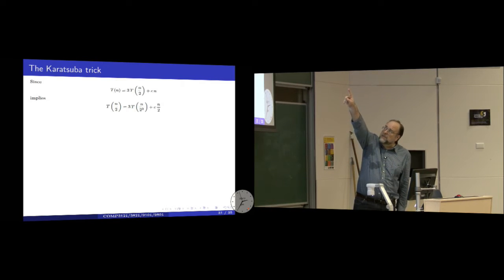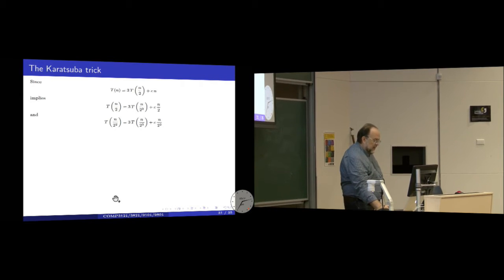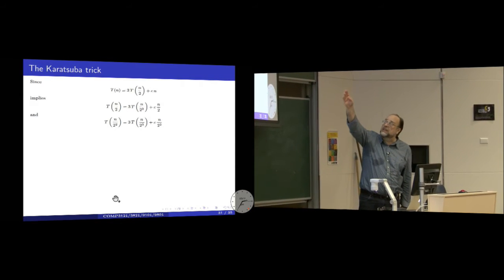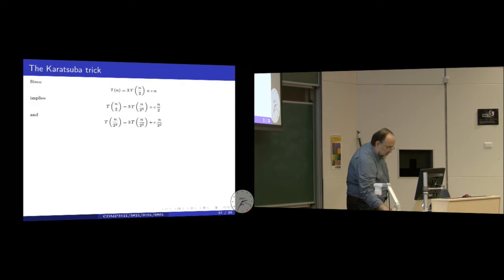If the above is true, if I substitute n by n over 2, you will get precisely this formula. And then if you apply it to T(n/4), you get that formula, and you keep doing that.